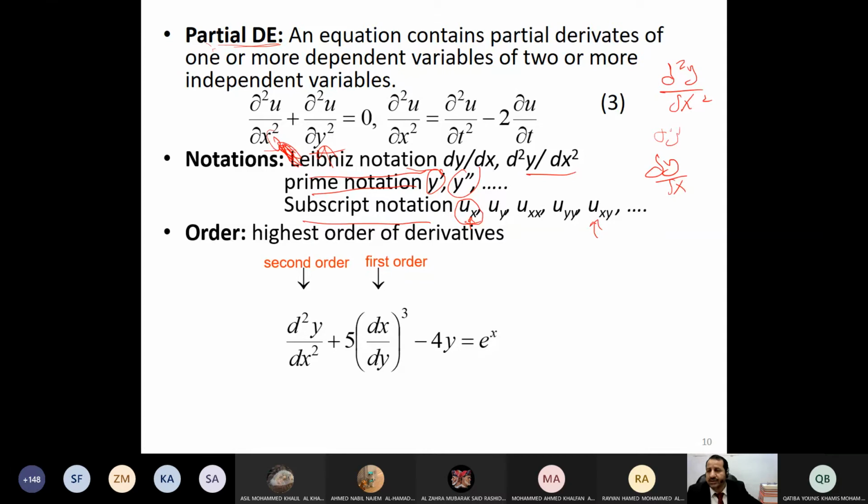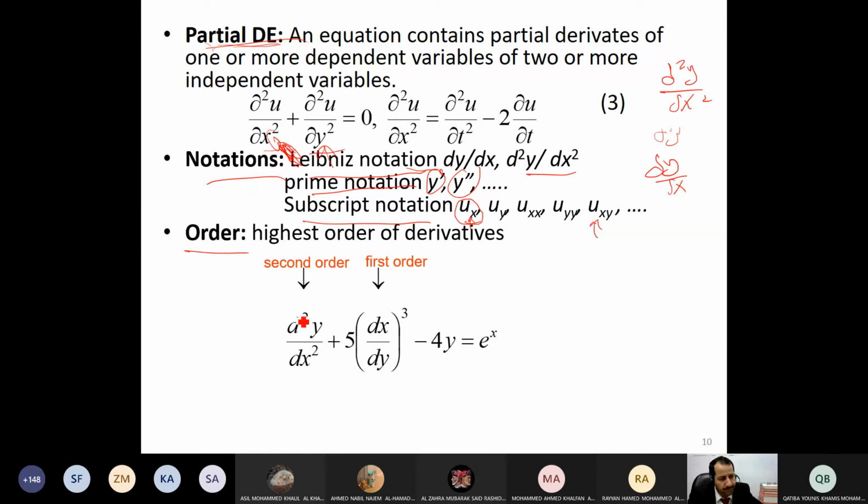Now, still with the terminology, this session I will just define the terminology, and then next session, inshallah, we will start with solving the differential equations. Order: after I talked about the notation and the partial differential equations, let me talk about the order. We hear first order, second order. What does it mean? It is the highest order of the derivative.